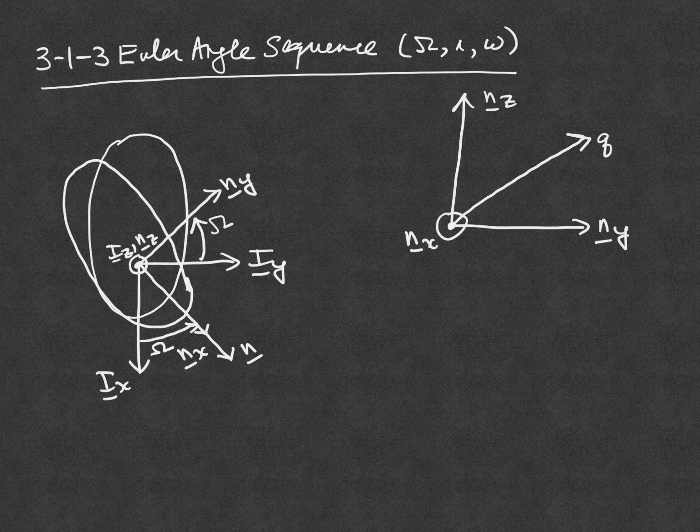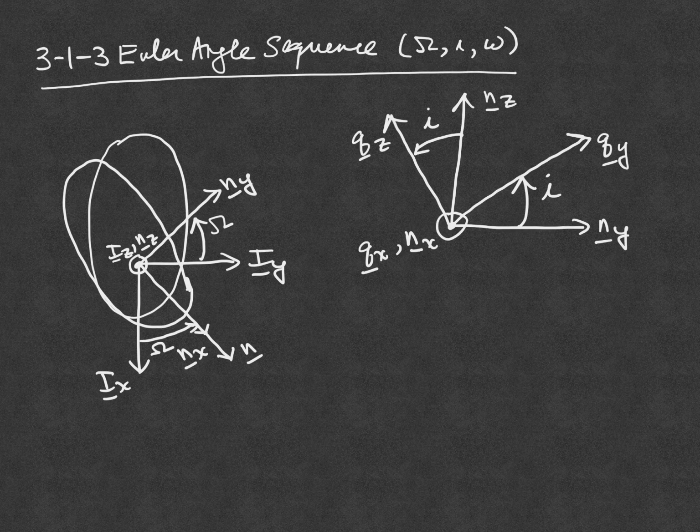I'm going to call this direction qy, and this direction qz. And of course, that means that n sub x has to equal q sub x, which is my new coordinate system. Now, that basis, once I've performed the rotation, that angle is the orbital inclination. So that's the second rotation.